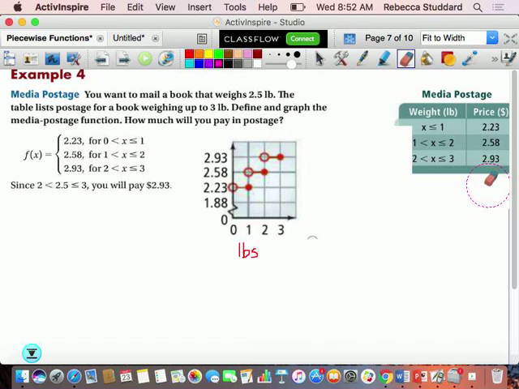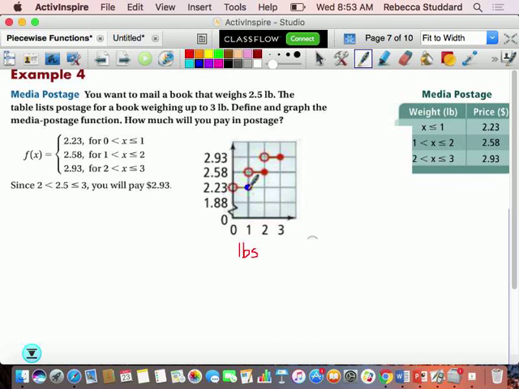Okay, this is real world stuff right here. So if we're looking at the graph of that, of course, if it weighed 0 pounds, you wouldn't be shipping anything. So you would pay 0. But immediately, the first little nano ounce you get, you are going to be up and paying $2.23, all the way up to a whole pound.